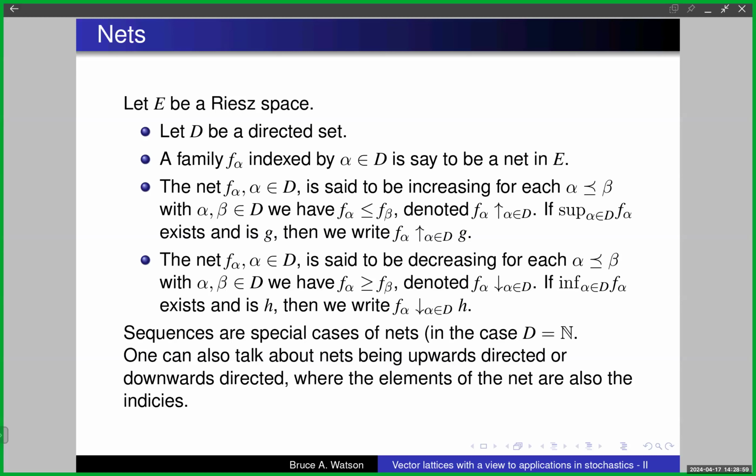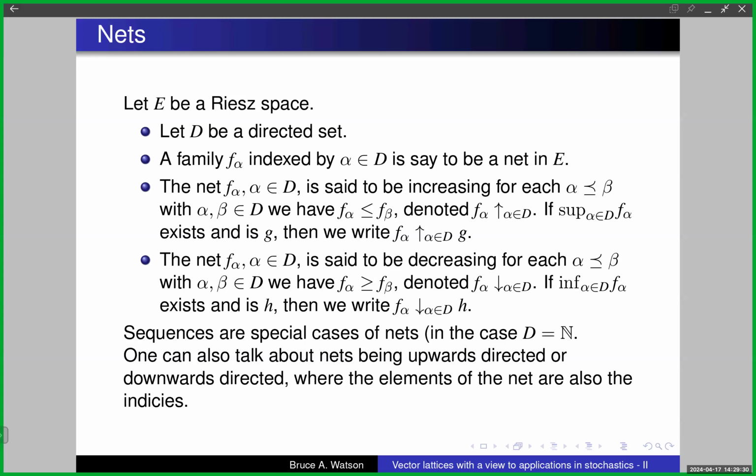And we denote this by f_alpha up arrow. And if we want to say what the index set is, we can write alpha in D at the bottom of the arrow. If the supremum of the f_alphas exists and is, say, g, then we write that f_alpha up arrow g. So it increases to g.